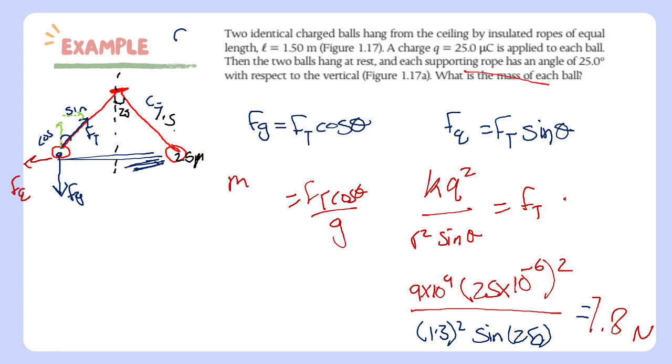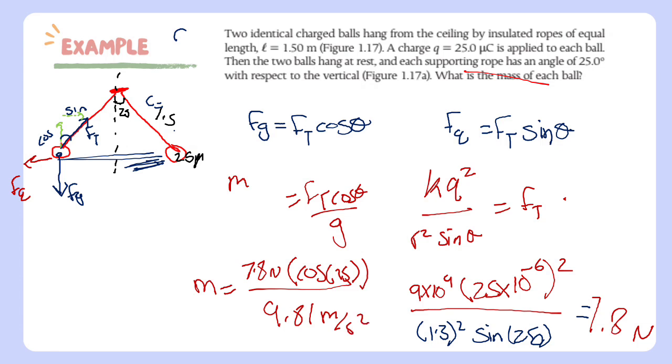That would give me m equals, we found FT 7.8 newtons, divided by cosine 25 times g, 9.81 meters per second squared, and that would give me an answer of 0.73 kg for both the balls.